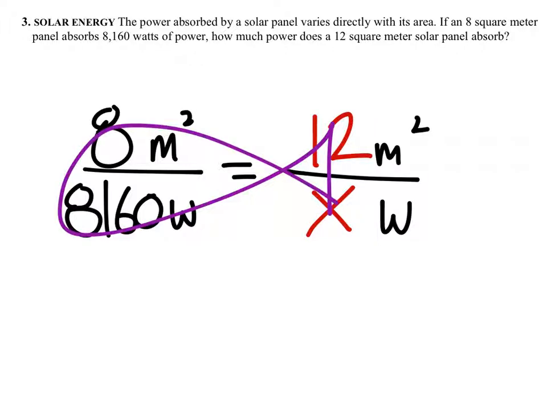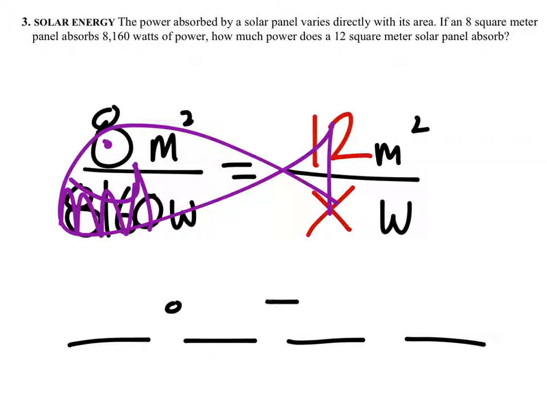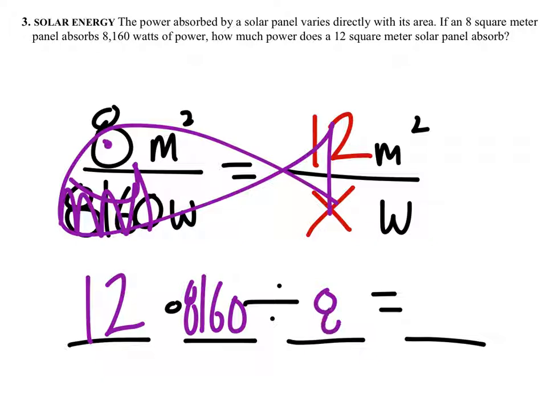We've got 4 values. Multiply, divide, and equals. The first value is 12, then 8,160, and then an 8, and that should equal our x.